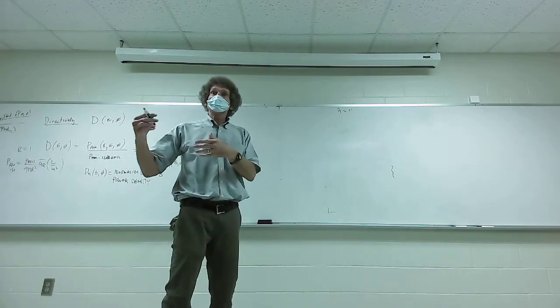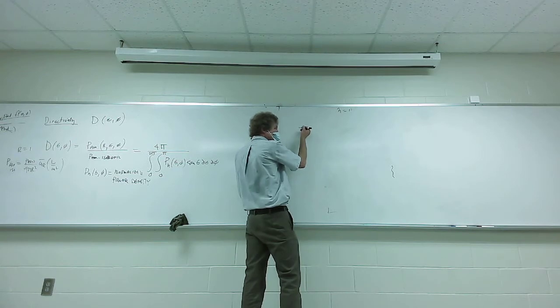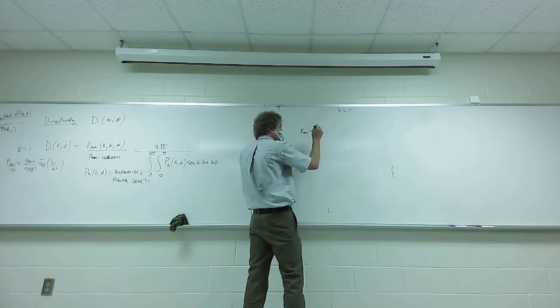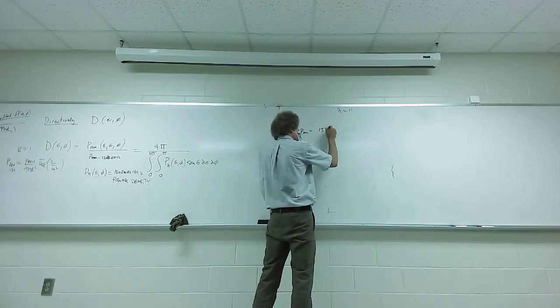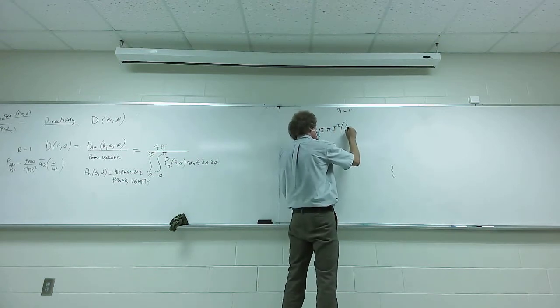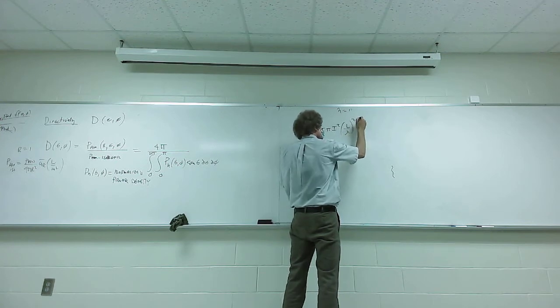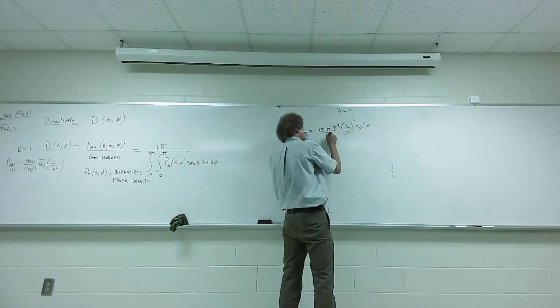Now let me just give you an example. You don't have to write this down, but just think about it. For the power density from a short dipole, we found that the average power density was equal to 15 pi I squared, L over lambda squared, times sine squared of theta over r squared.